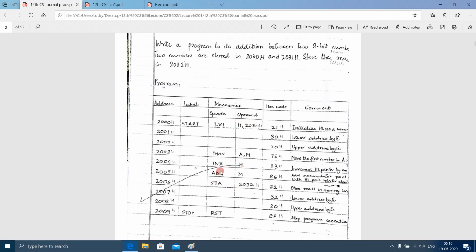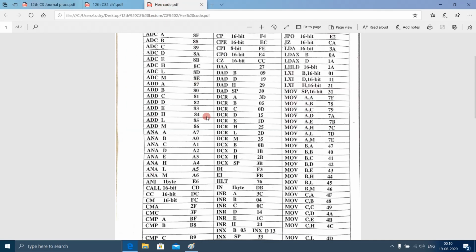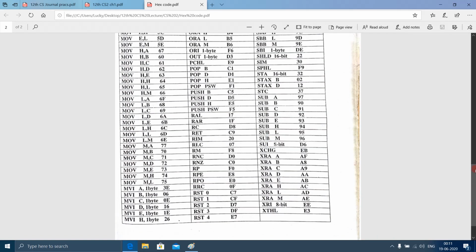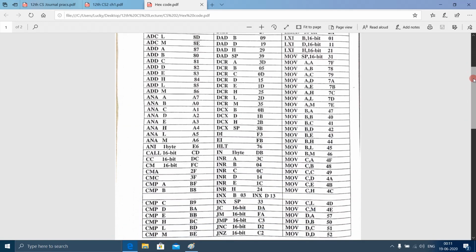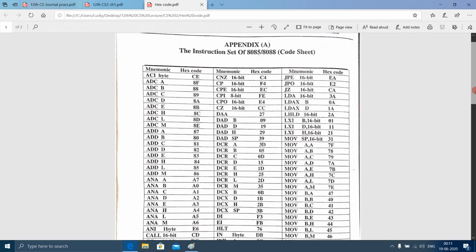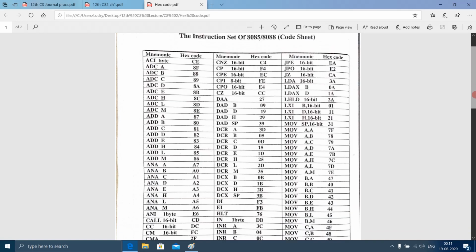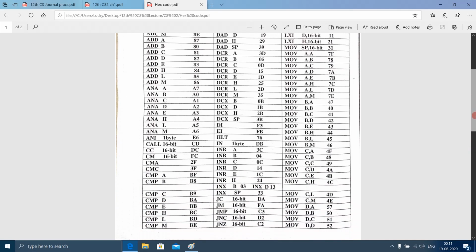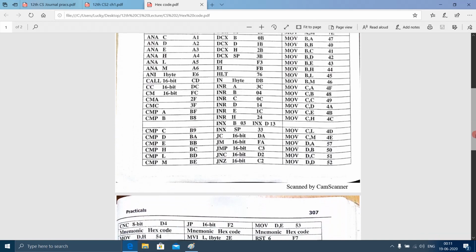Again, let us look for INX H. Here it is, INX. There is some mistake, I believe.